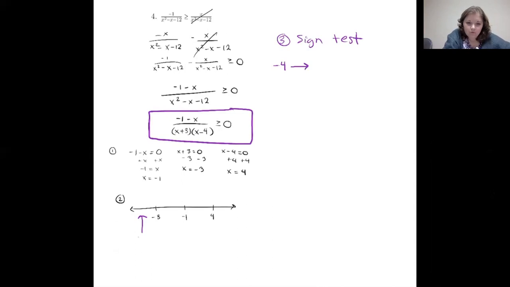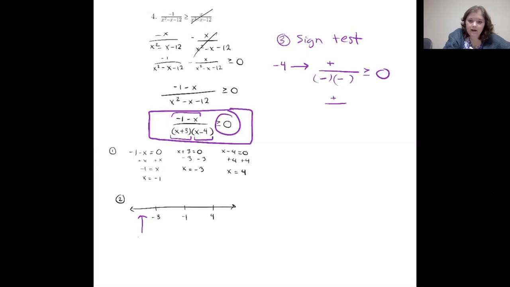So that becomes 1 plus 4, which is a positive number on the top. Then on the bottom, we have -4 plus 3, which is negative, and then -4 minus 4, which is another negative. And we want to see, is that greater than or equal to 0?